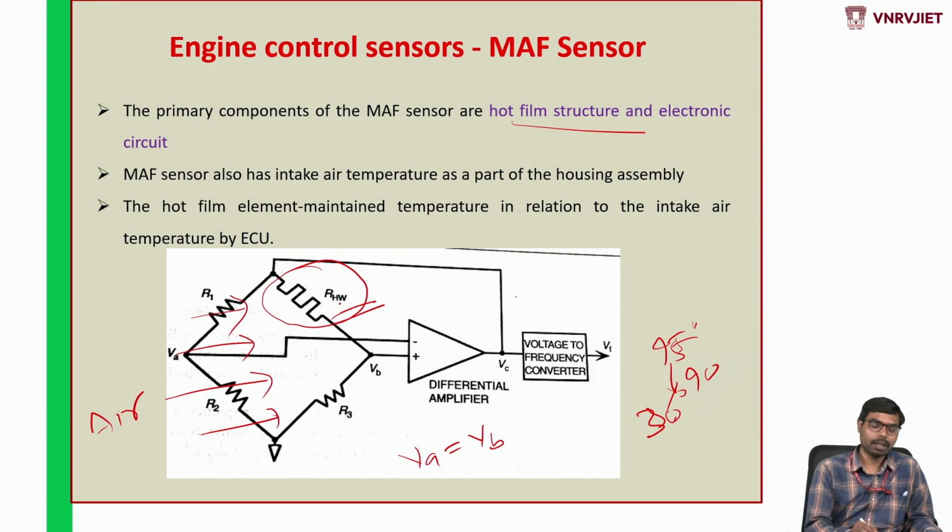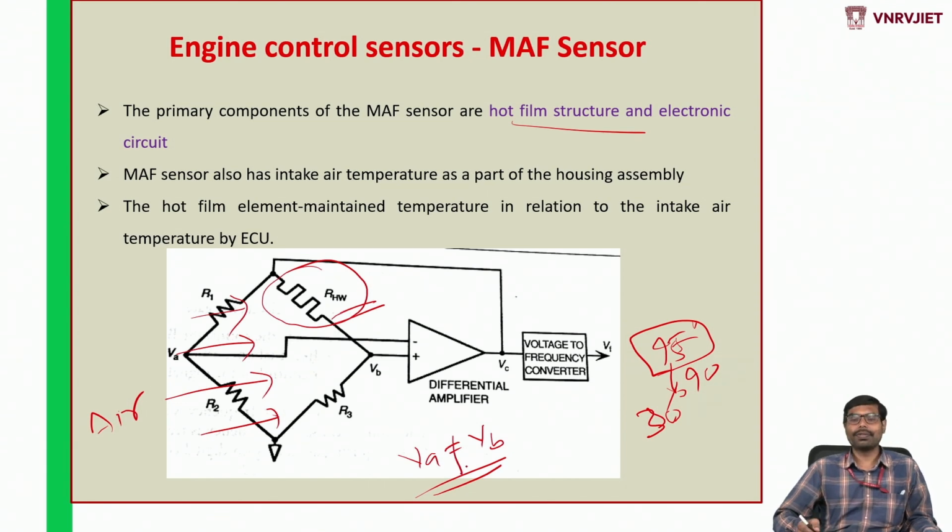For example, when the RHW hot film structure is at 45 degrees centigrade, the Wheatstone bridge is balanced, that is VA is equal to VB. But once the airflow passes through this hot film structure, the temperature of the film varies, so that VA is not equal to VB. A difference comes into the picture. That difference is amplified inside an amplifier and given as an output to the ECU.